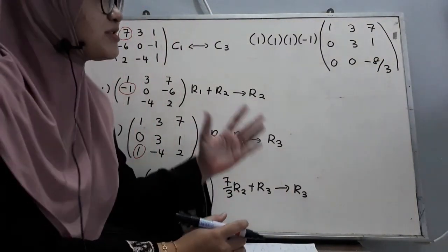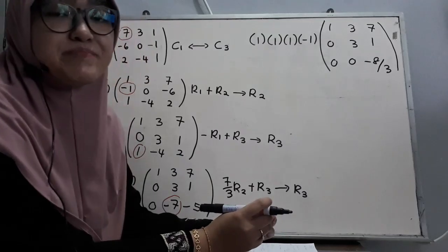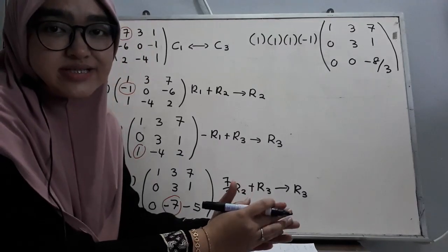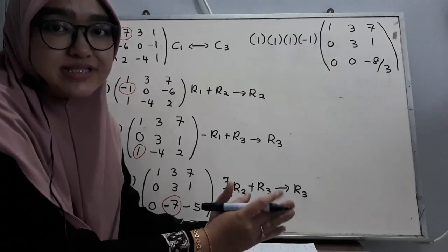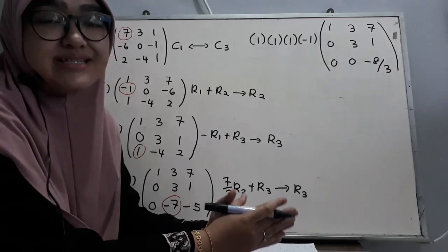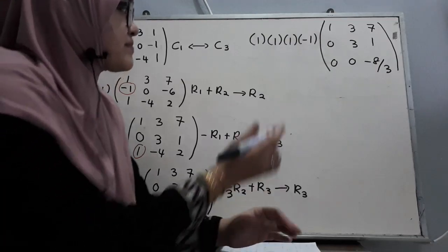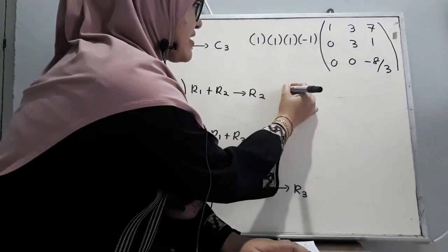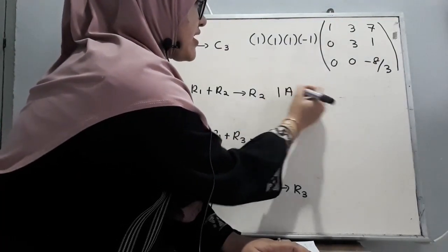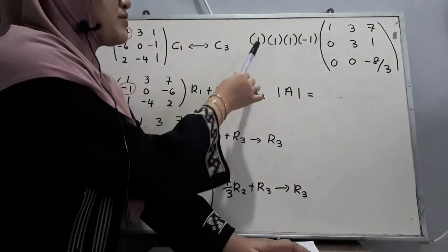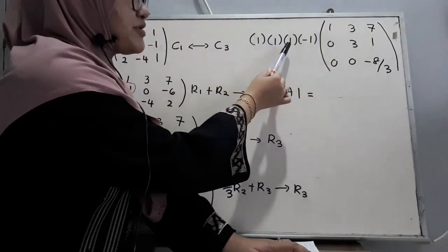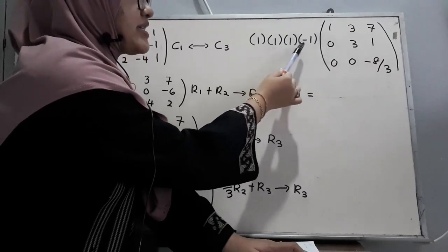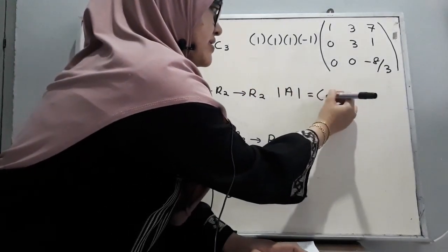So, here we have an upper triangular matrix. Therefore, we can find the determinant by multiplying all the entries in the main diagonal. So, determinant of matrix A equal 1 multiplied by 1 multiplied by 1 multiplied by -1 is -1.